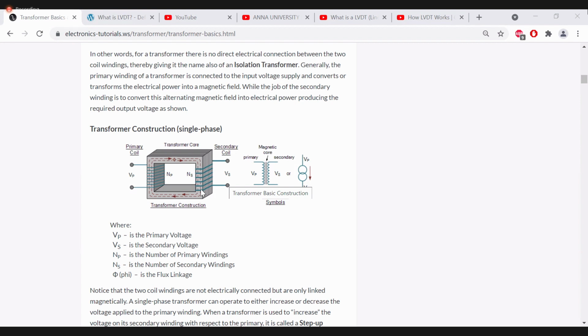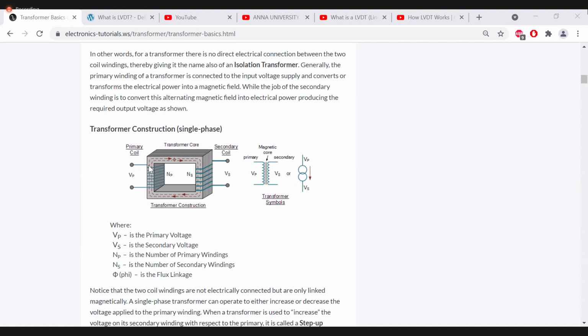So here we have a magnetic transformer core. This transformer core is also a metal, that means it is a conductor. But we have to coat it with an insulating layer.